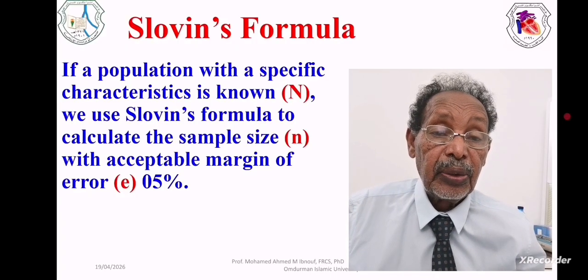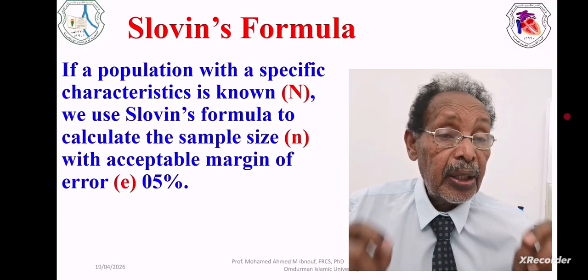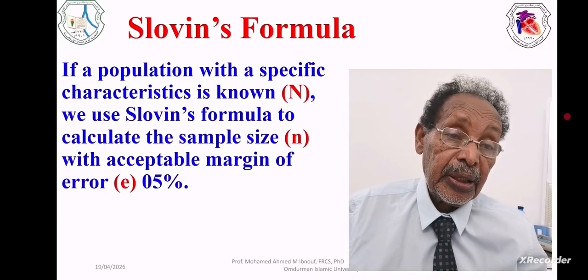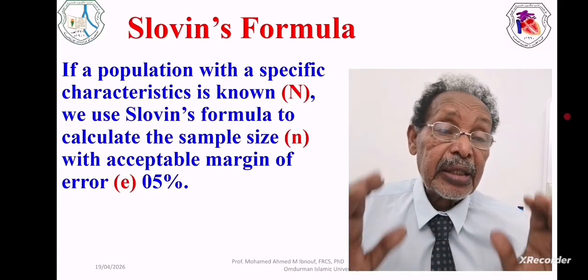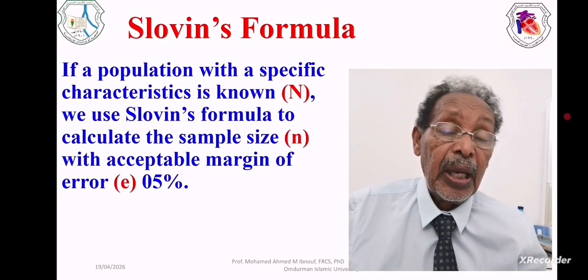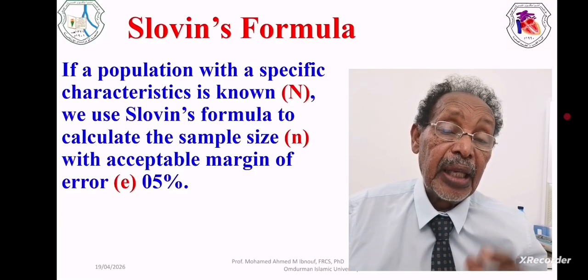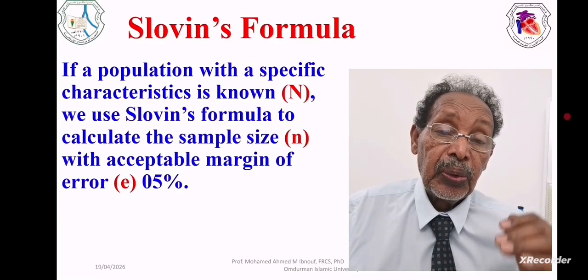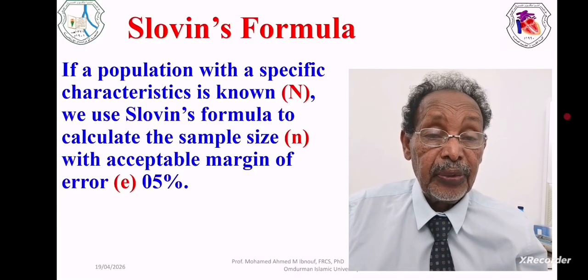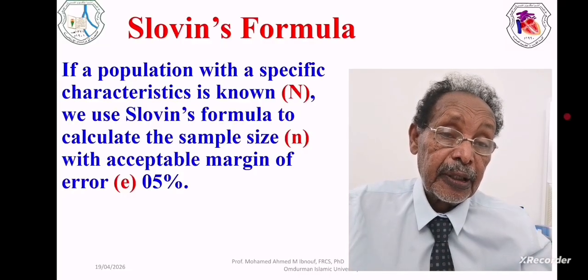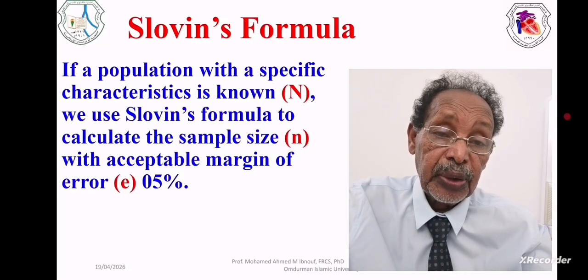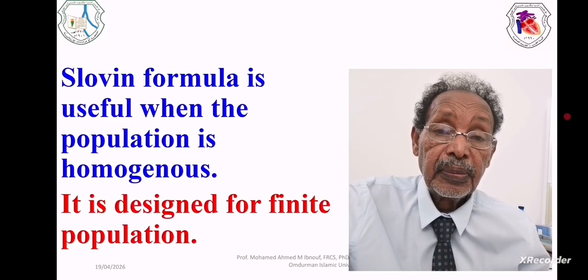The acceptable margin of error is denoted by the letter E, and it is taken all the time as 5%. When we calculate it, we write it as 0.05. Anyhow, it is 5%. We will come to that soon.